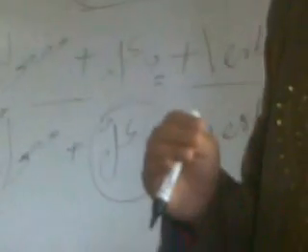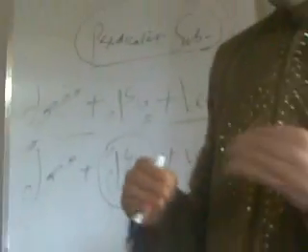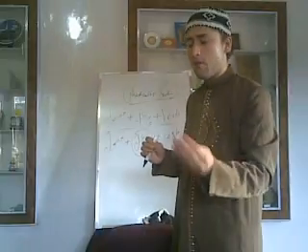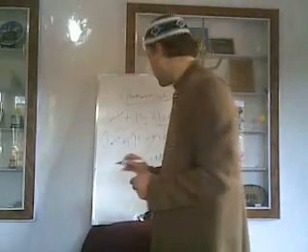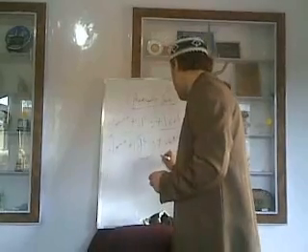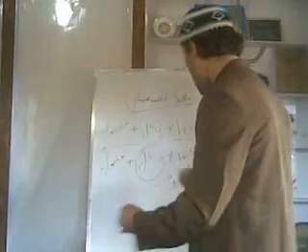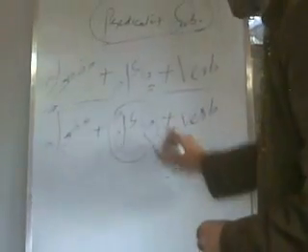For example, if I have to say that Hamid ate food, I can say Hamidun. This is Hamidun, and we know the structure: this was the fa'il, and now what is the verb there?